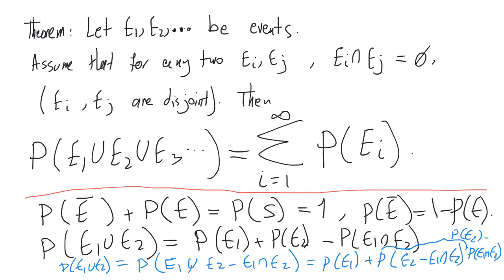When you have the union of two disjoint sets, then you can add the probabilities. The probability of a union of disjoint sets is additive. So you should remember this fact, and it's very important.